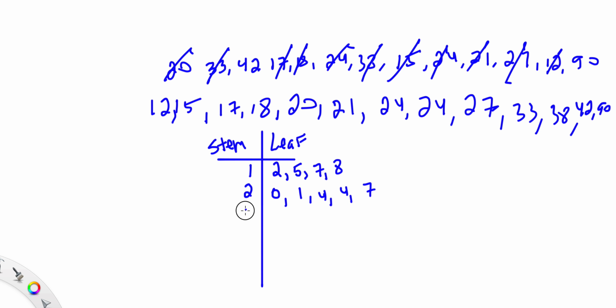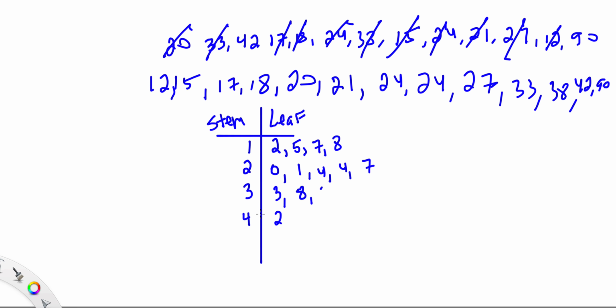And then after that, three, and then three, eight, and then over here, four, and then two, and then I have to put, yeah, yep. So five, six, seven, eight, nine, and then nine gets a zero, right? Okay. Now I'm gonna go like this.